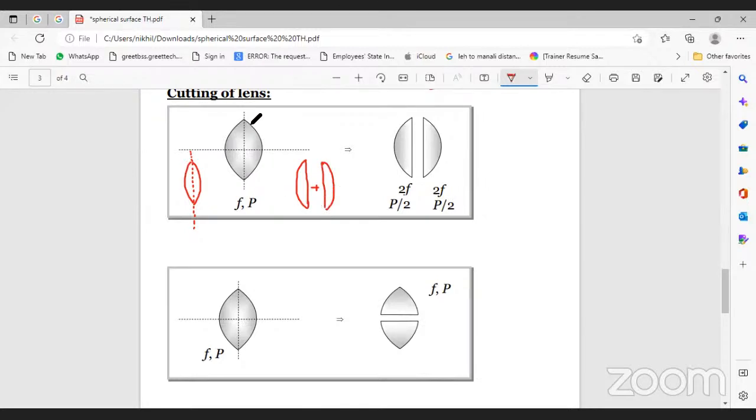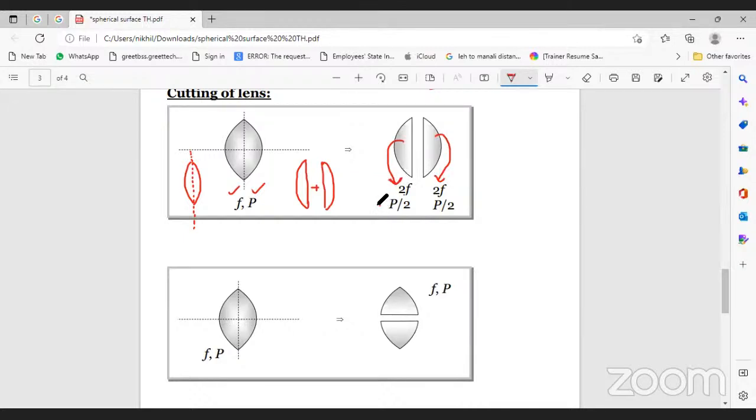Before cutting the lens, the focal length is f and the power is p. After cutting into two plano convex lenses vertically, each lens will have double the focal length.